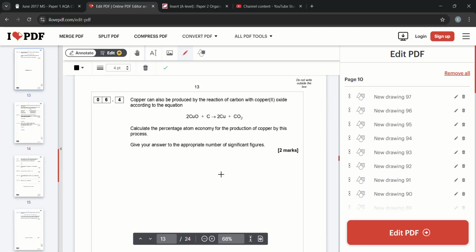6.4. Copper can also be produced by the reaction of carbon with copper oxide according to the equation 2CuO plus carbon arrow 2Cu plus CO2. Calculate the percentage atom economy for the production of copper by this process.